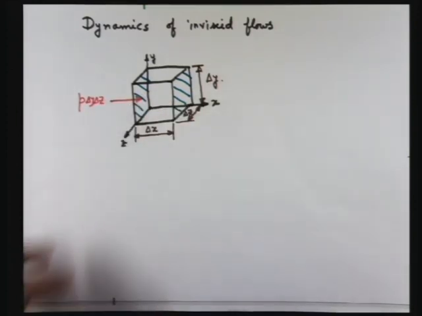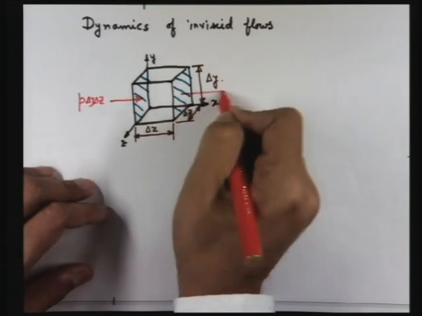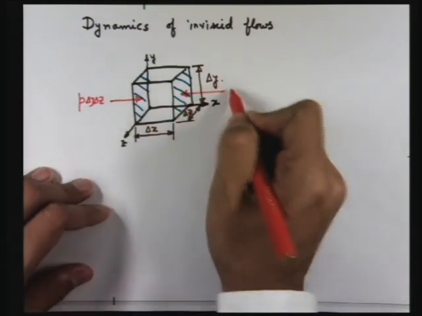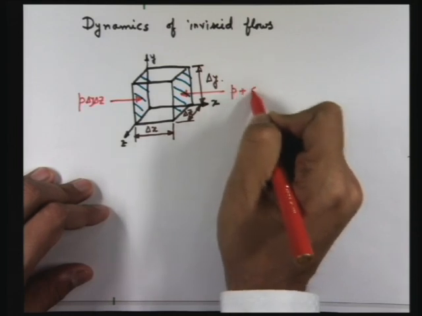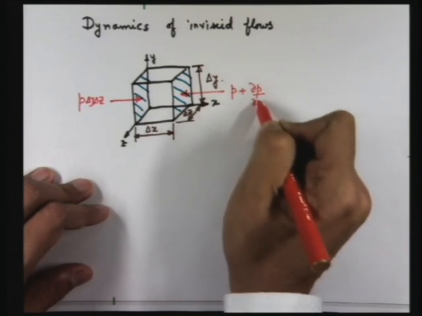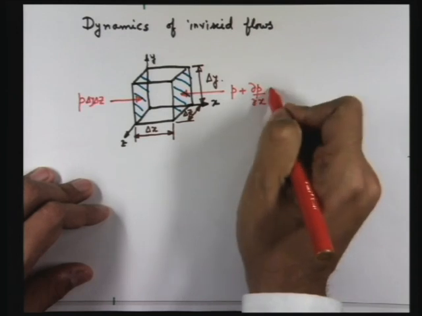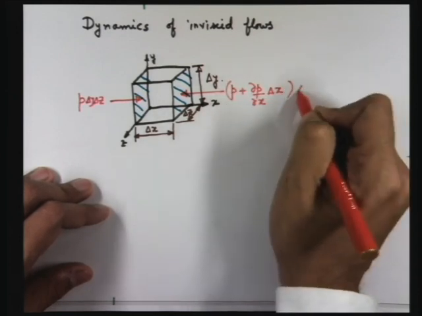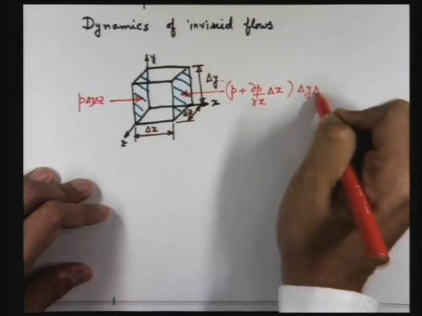If the pressure here is P, the pressure on the opposite face is P plus del P del x into delta x, and the corresponding area is this one.